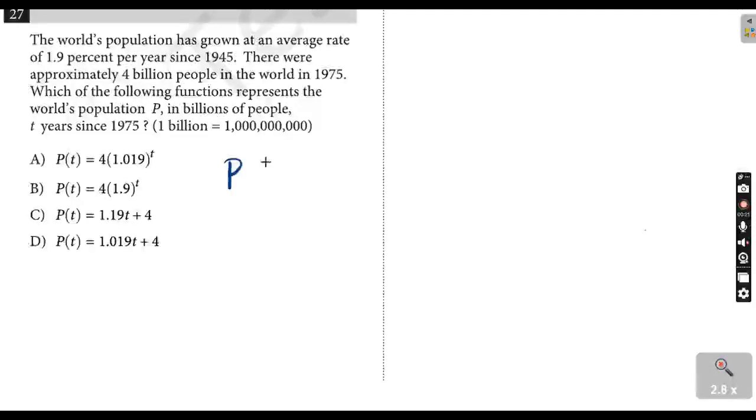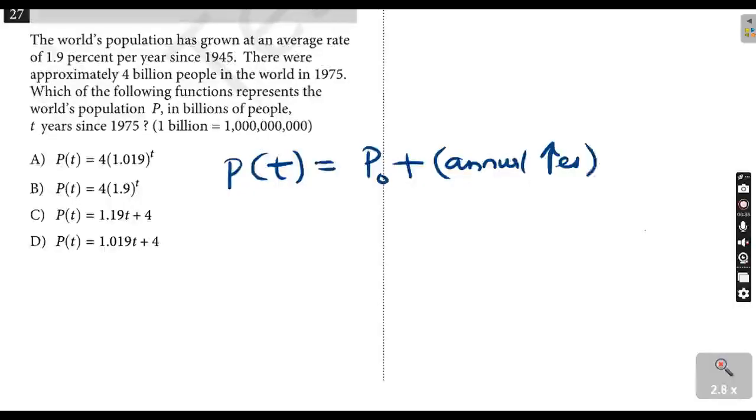If the question was linear, the formula would have been P(T) equals P naught plus the annual increase times time, which is T. So if it is linear, this would have been the formula. But since it is exponential, that was why we used this.